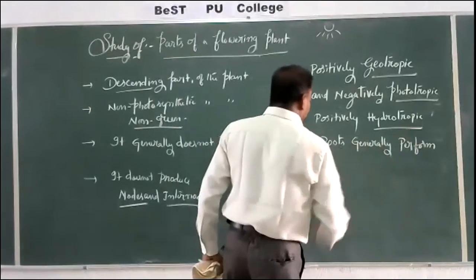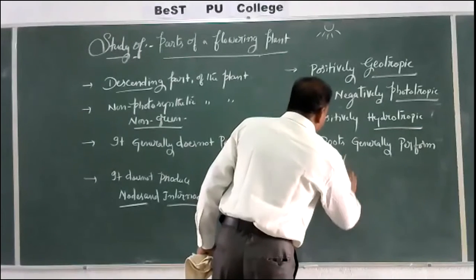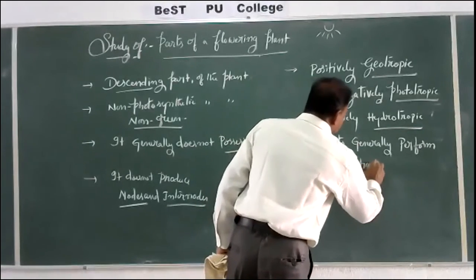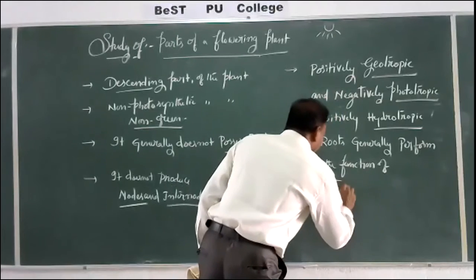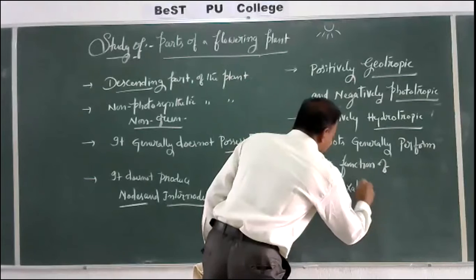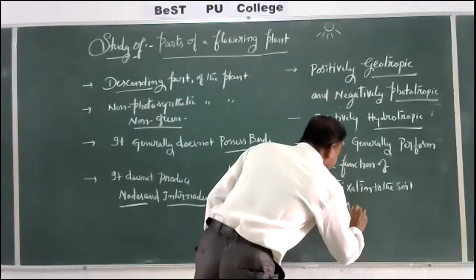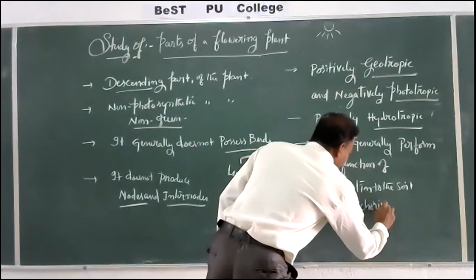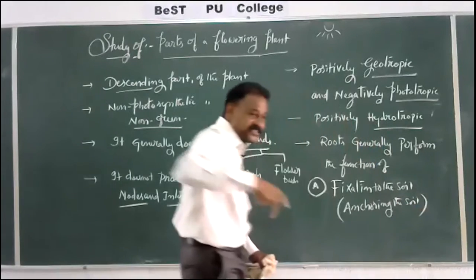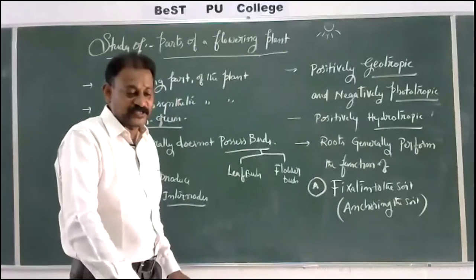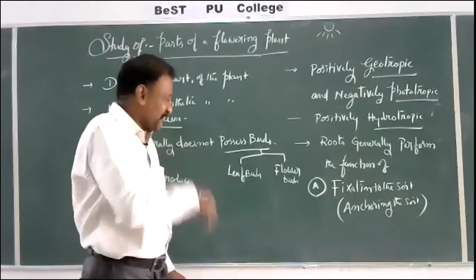Roots generally perform the function of, first one, fixation to the soil, which is called anchorage, anchoring to the soil. Fix it to the soil for support to stand on the soil. Fixation is the first important function.